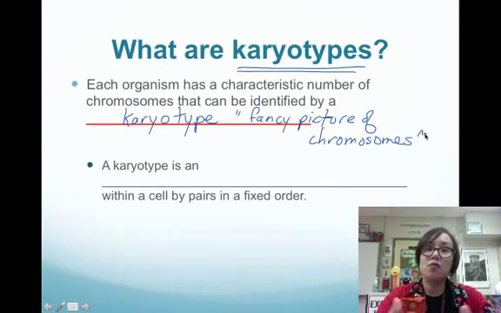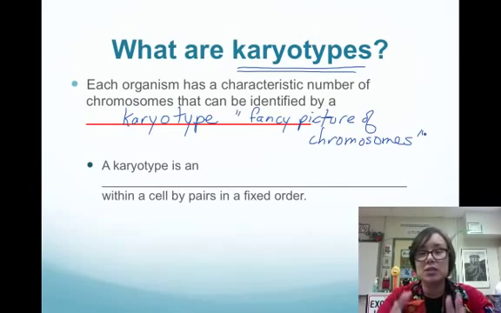If you recall from earlier in our video, the magic number for humans is 46. So if you were to look at a genetically normal human being's karyotype, which is just a picture of all of their chromosomes, you would expect to see 46 chromosomes in that picture.